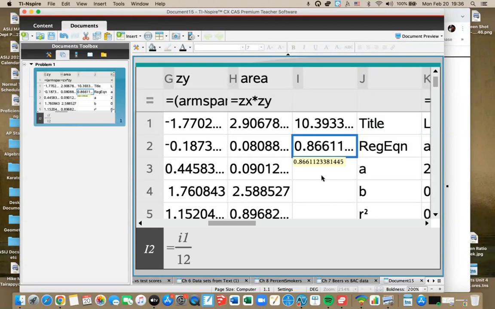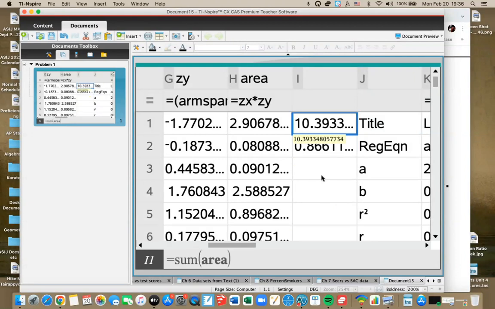One thing I want to mention right here: we had 13 kids in the class. If this was perfect correlation, the areas of all those rectangles would actually add up to exactly 12. It's really weird why it's not 13 or something else. There's a lot of math behind it, but it's 12. This one is a little less than 12.